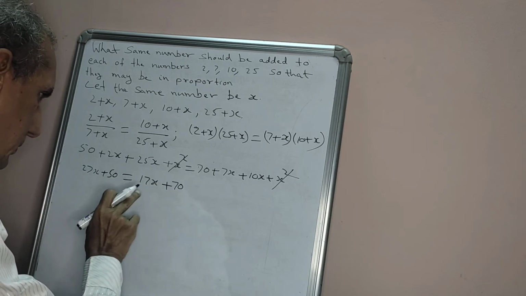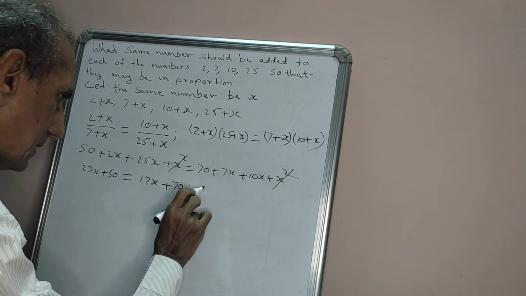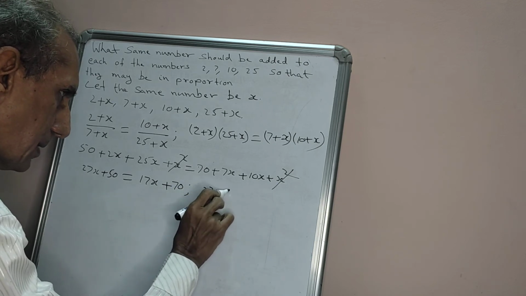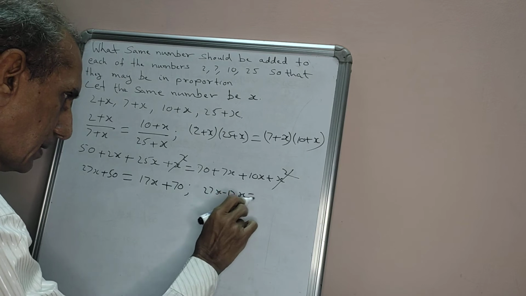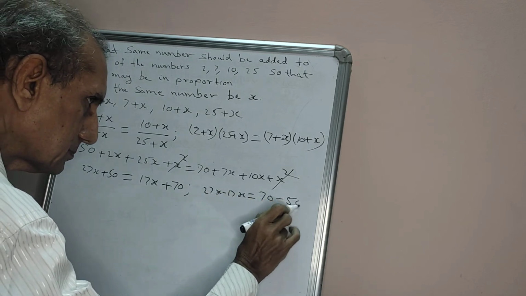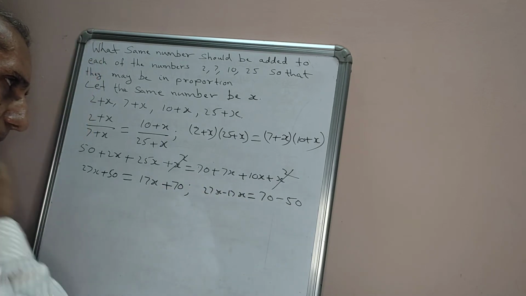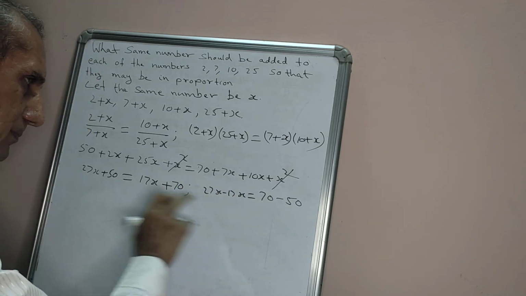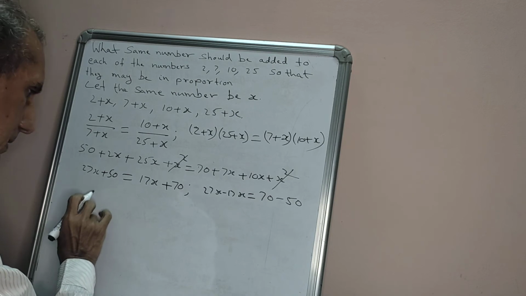Okay, so all x terms to one side. So what will this give me? 10x equals 20.